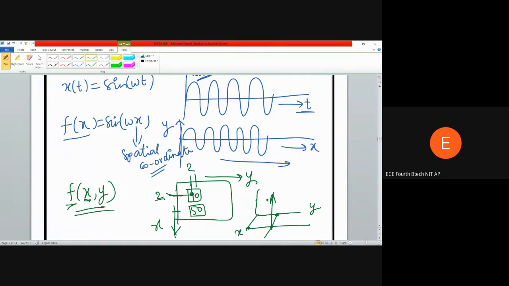In Matlab, we can have different ways of representing these two-dimensional signals. One way is this 3D plot, which we can have in Matlab.